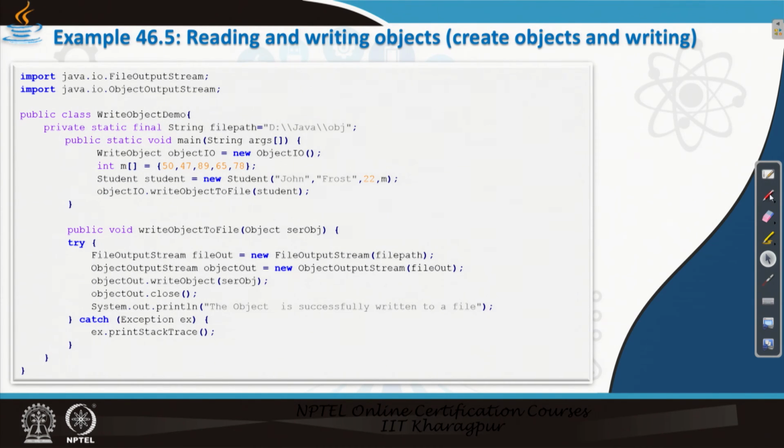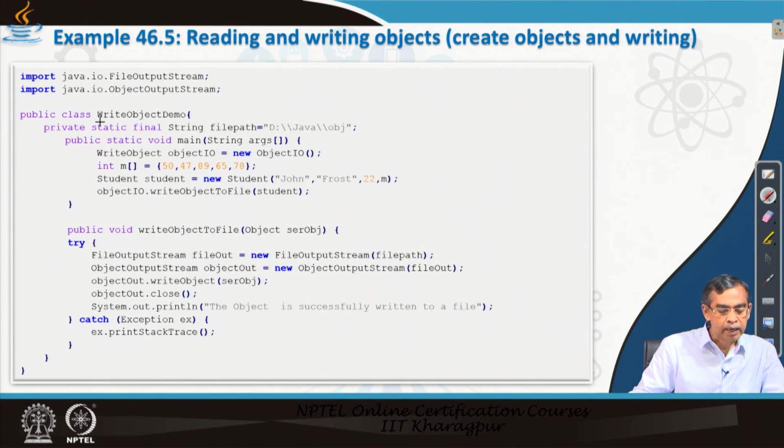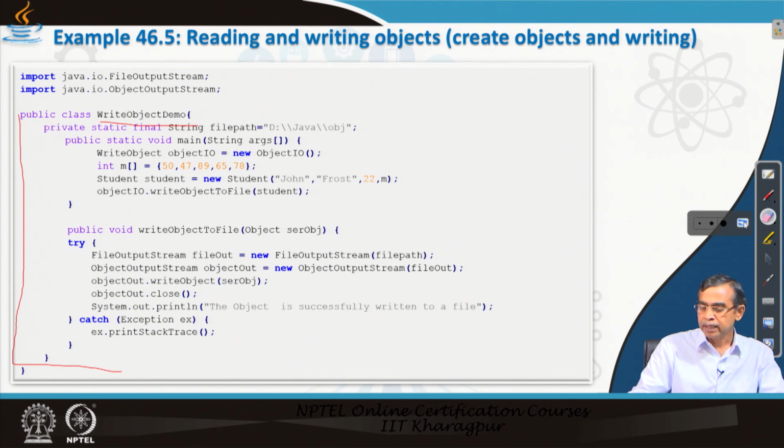Now, here is the program we are considering, WriteObjectDemo. First we will write an object into a file, and then we will write another program, ReadObjectDemo, which reads the object. So, let us first write the object.